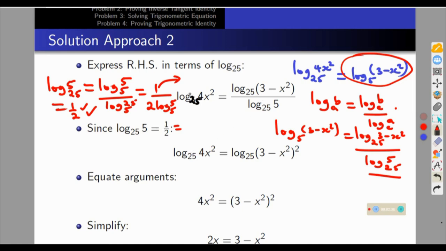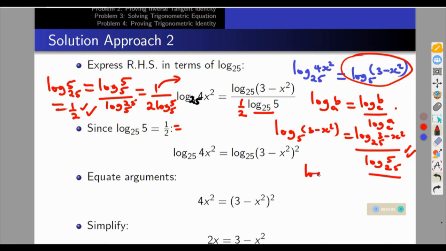So what does that one mean? It means that if you have log of 25 of 4x squared is same as log of 25 of 3 minus x squared divided by log of 25 of 5, as we have seen here. So for that case, this will imply that since this is same as a half, you are having log of 25 of 3 minus x squared divided by a half.